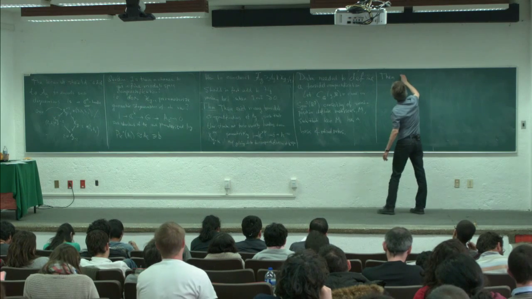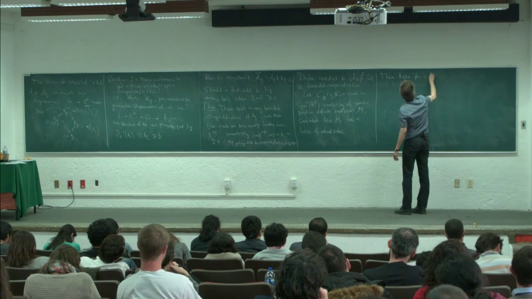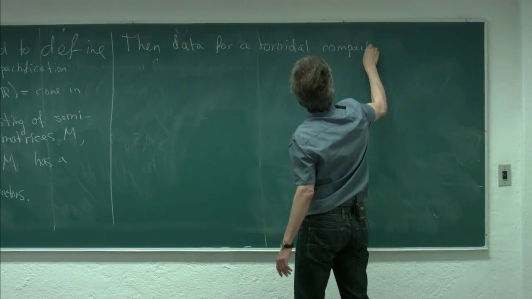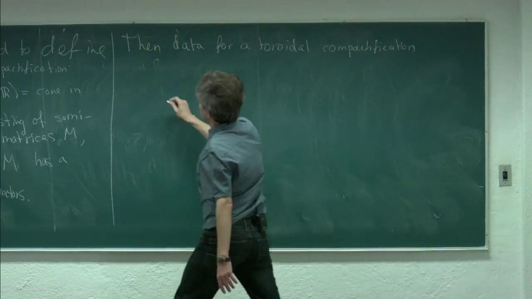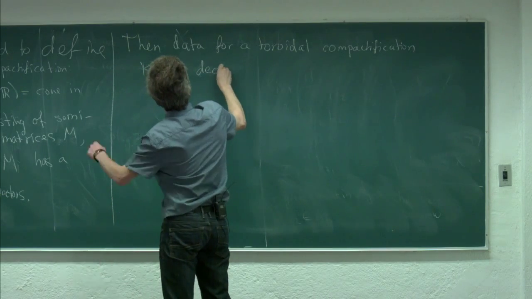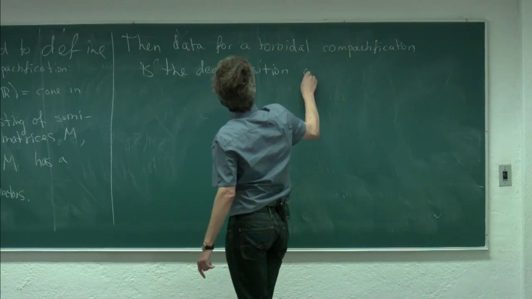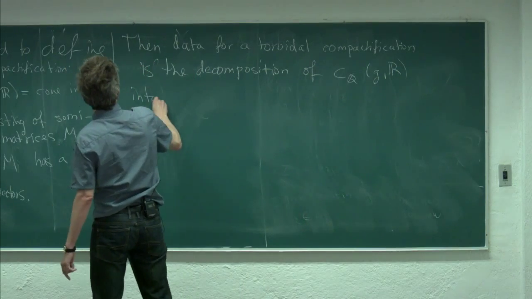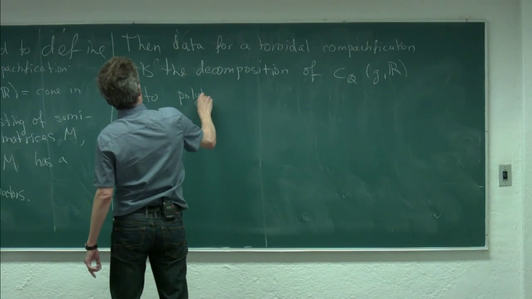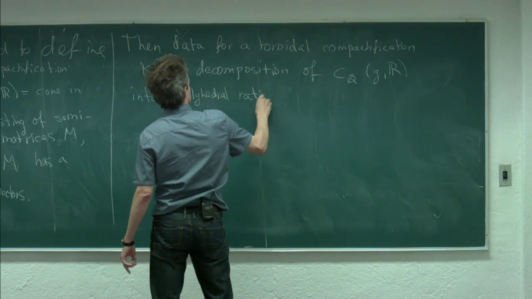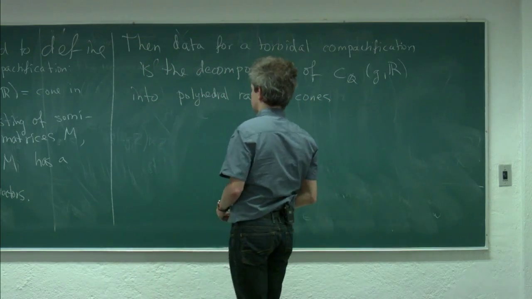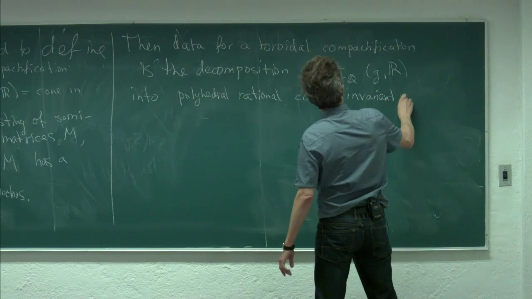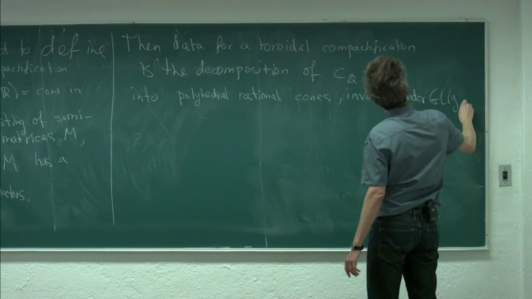Then the data for a toroidal compactification is the decomposition of this cone into polyhedral rational cones invariant under GL_G(Z).